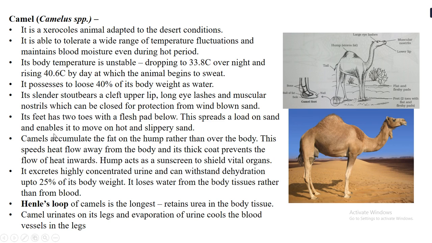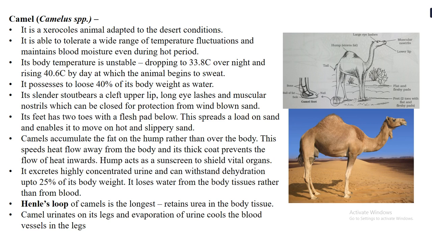It has a slender, stout body, a cleft upper lip, long eyelashes and muscular nostrils, which can be closed for protection from wind-blown dust. As you can see, the animal is mostly in the desert region and there is always dust blown in the wind.